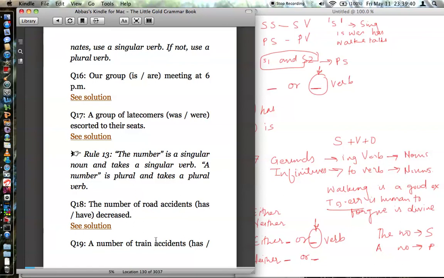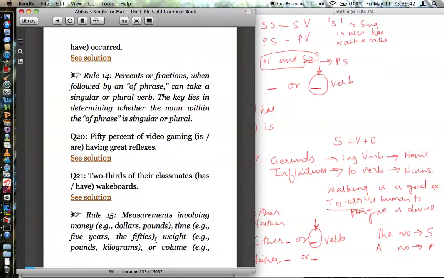A number of train accidents have occurred. Then percents or fractions are decided by the noun which is part of the prepositional phrase. So of here is the preposition and video gaming is a singular noun.